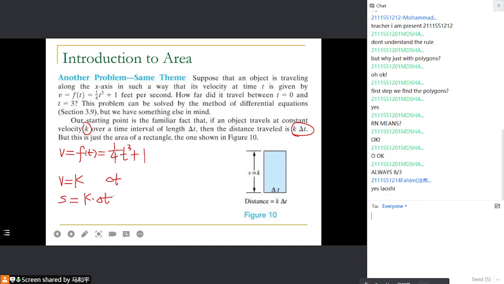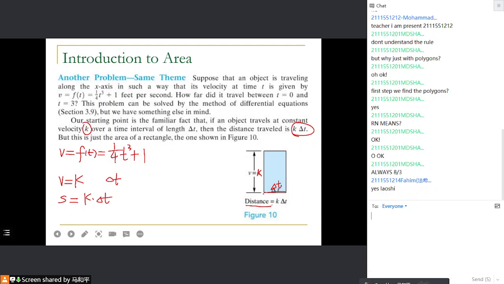But this is just the area of the rectangle shown in figure 8. The length of the base is delta t and the height is k, so k times delta t is the distance and also the area of this rectangle, right?